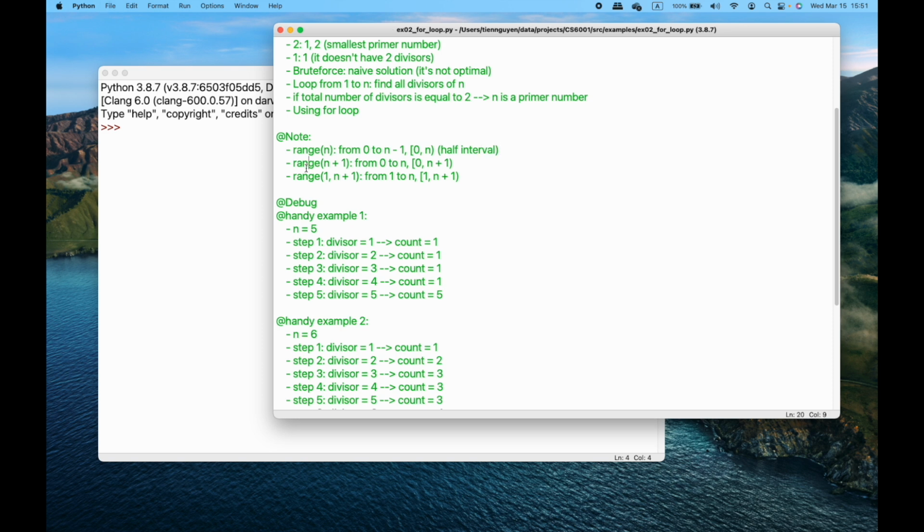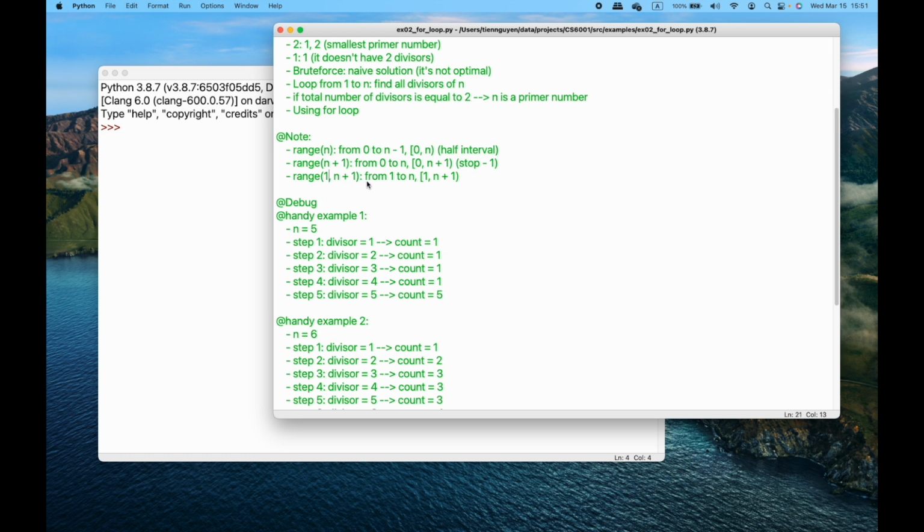And the next one is range with start and stop. It means you want to move from the start to stop, because you know that we always stop at the value stop minus 1, as we discussed in the previous lecture. And finally, we have a range from 1 to n plus 1.